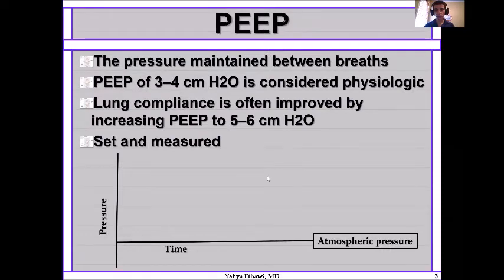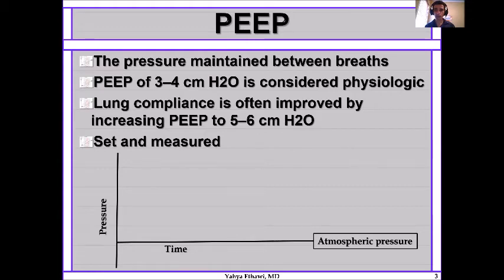The first terminology that we will talk about is PEEP, or the positive end expiratory pressure. It is the pressure needed to maintain the alveoli open, or in other words, it's the pressure between two breaths.